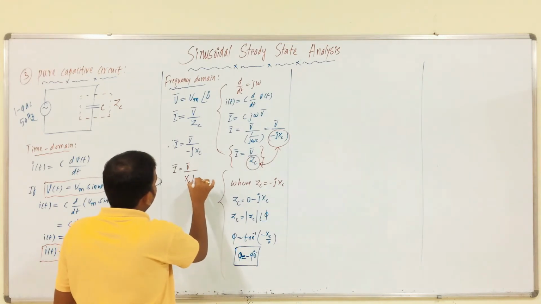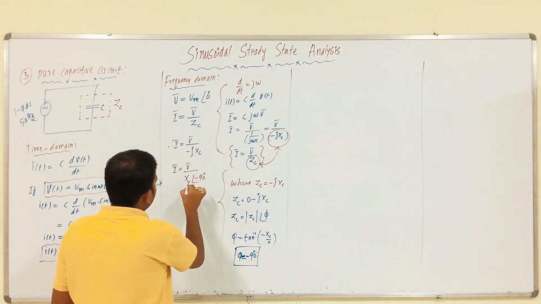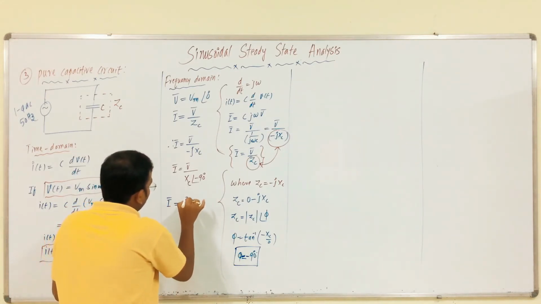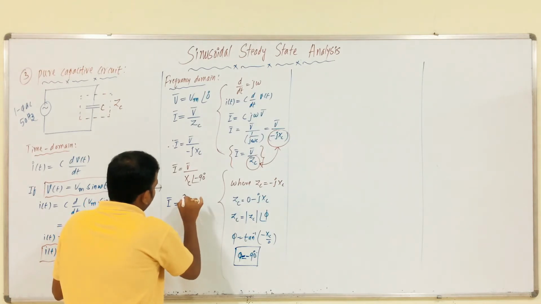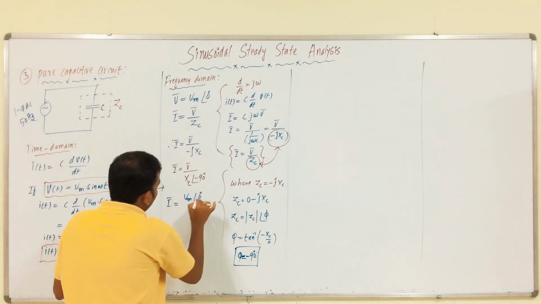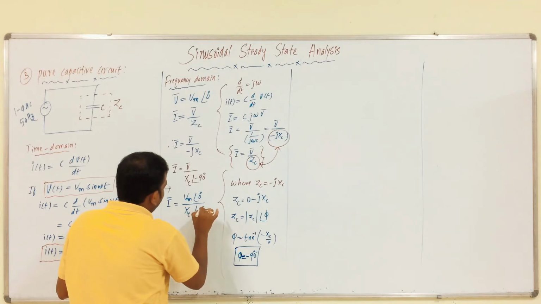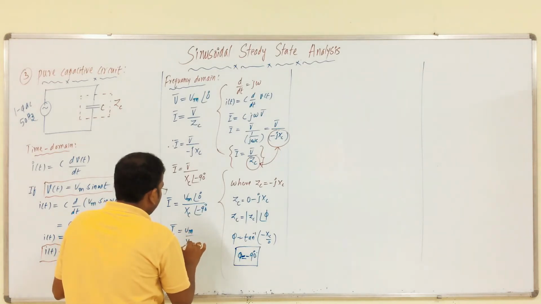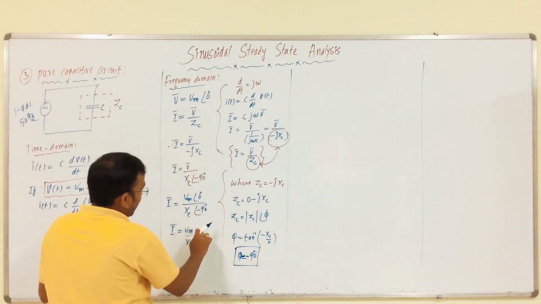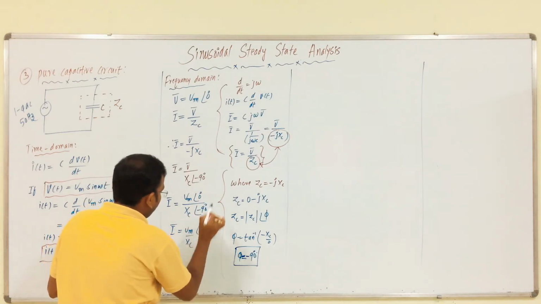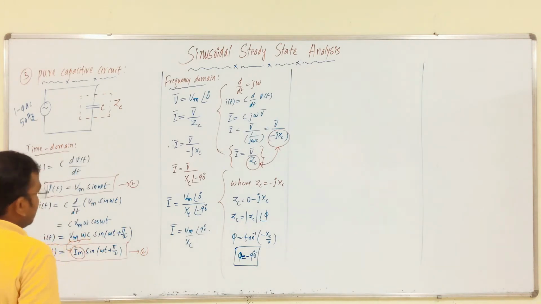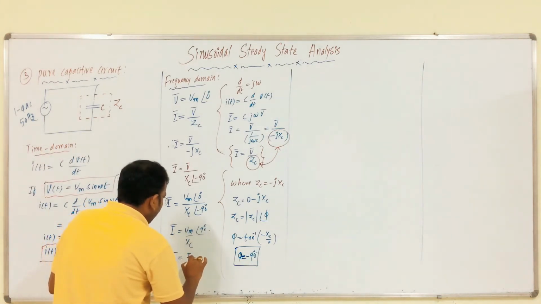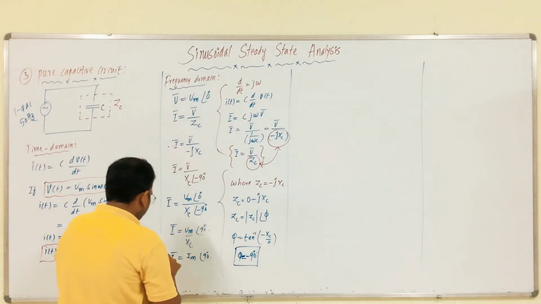XC at an angle minus 90. Clear? Now I should be equal to Vm at an angle 0 by XC at an angle minus 90. Therefore I is equal to Vm by XC at an angle 0 plus 90, that is 90. So Vm by XC is nothing but Im at an angle 90.